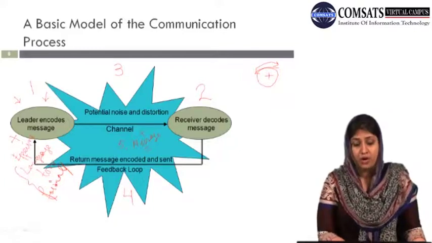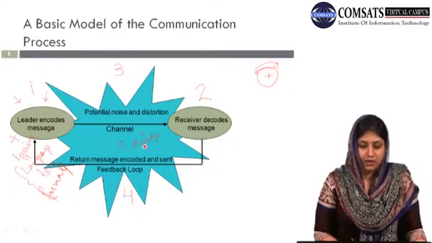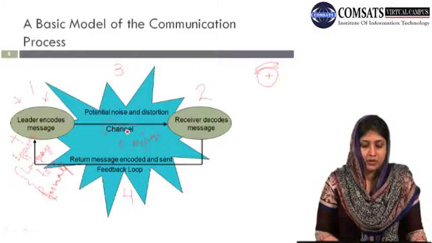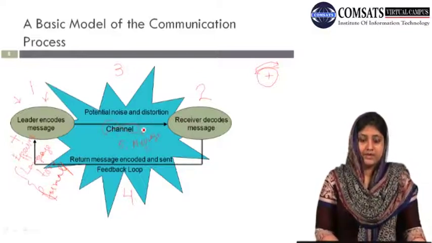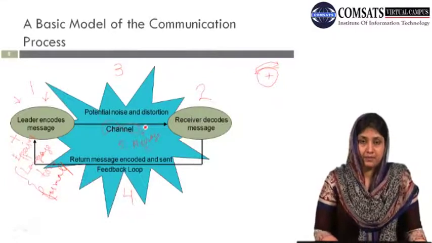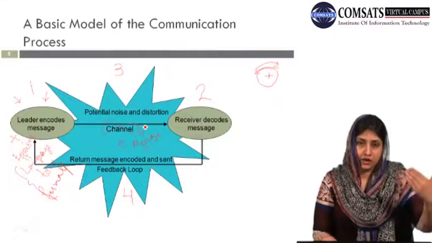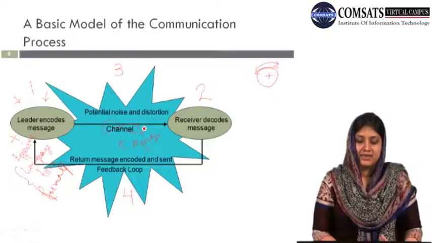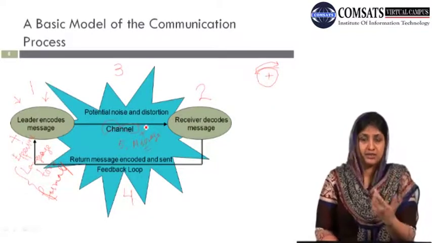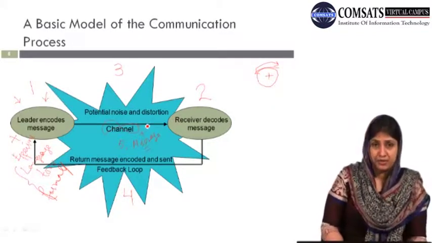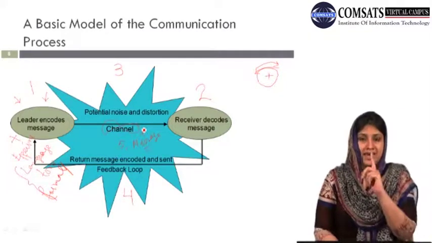Once the message is encoded, you will then talk about the channel, the carrier that you are going to use. Sometimes this is technology assisted, sometimes it is very direct, sometimes it is paper, sometimes it is air.